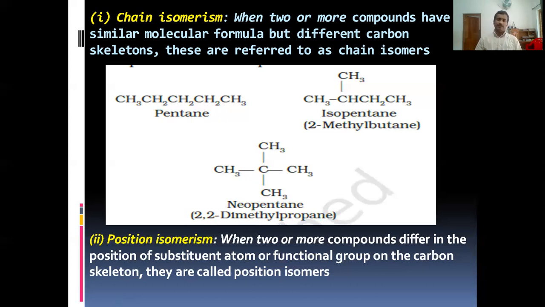An example: but-2-ene and but-1-ene. In but-1-ene, the double bond starts from the first carbon atom, and in but-2-ene, the double bond starts from the second carbon atom. The position of the double bond is different. Therefore, but-1-ene and but-2-ene are position isomers.